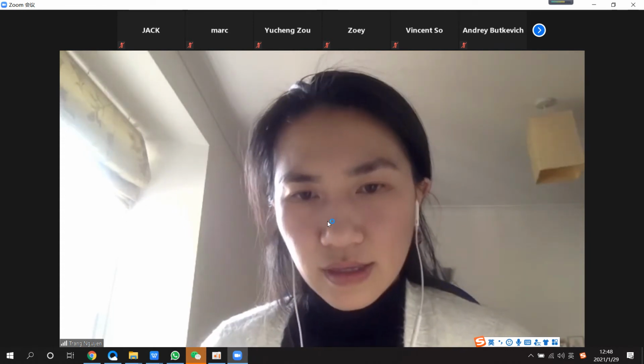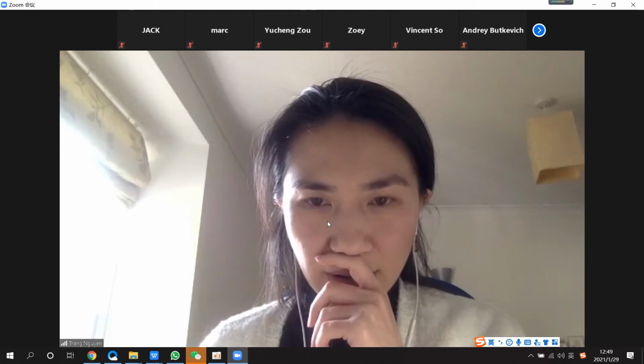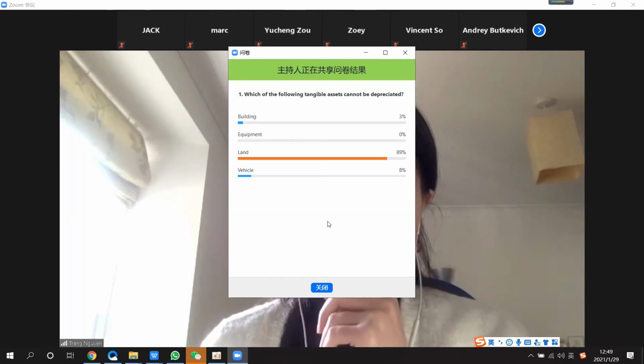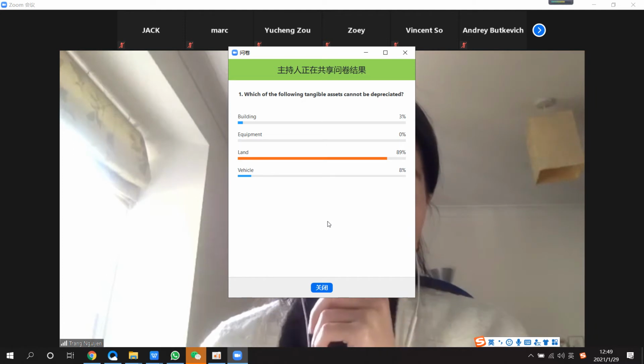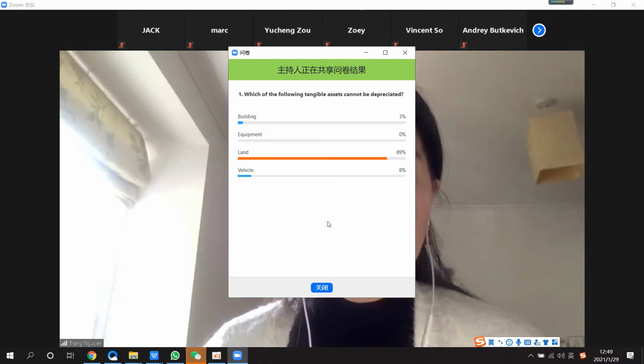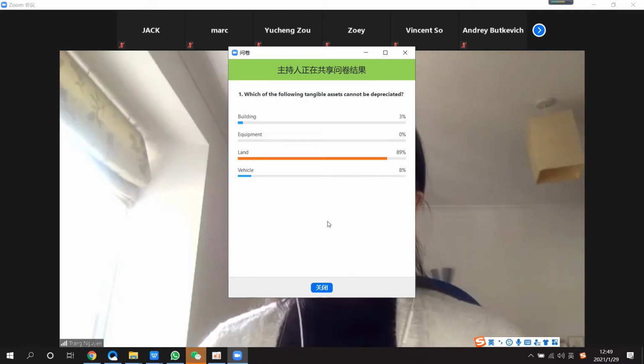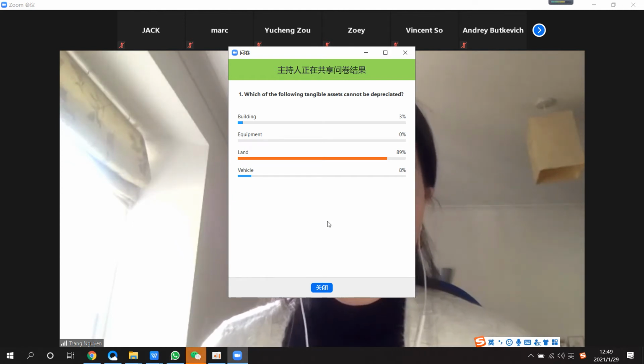And there is a point that I want to emphasize to you. Remember that land is an indefinite non-current asset, therefore no depreciation.